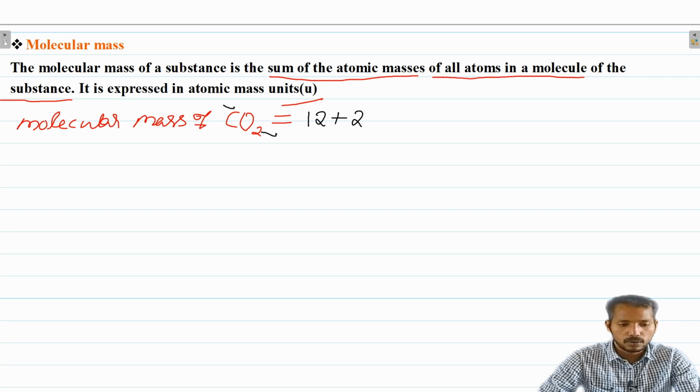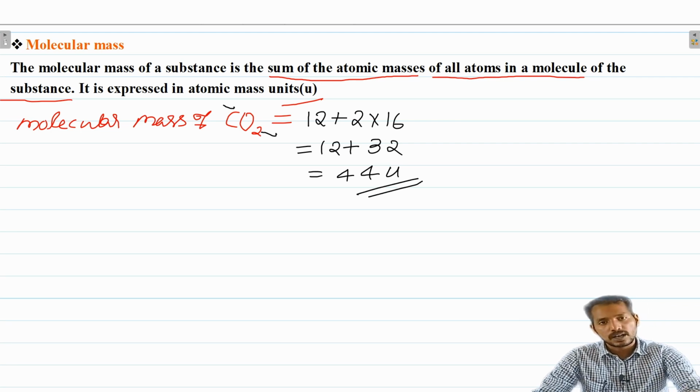So, 2 into what is the atomic mass of oxygen? That is 16. So, 12 plus 2 into 16 is equal to 32. 12 plus 32 is equal to 44. So this is the molecular mass of CO2 molecule.